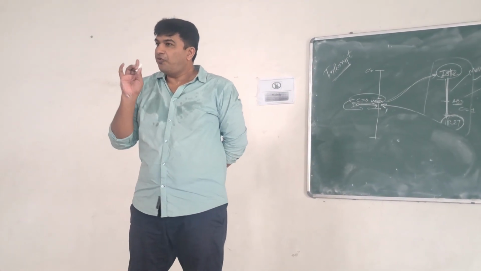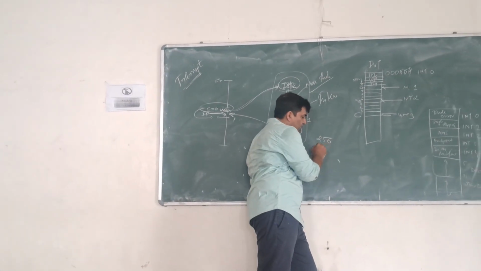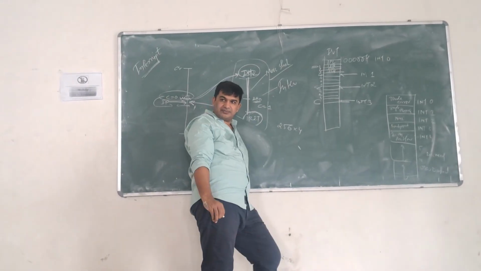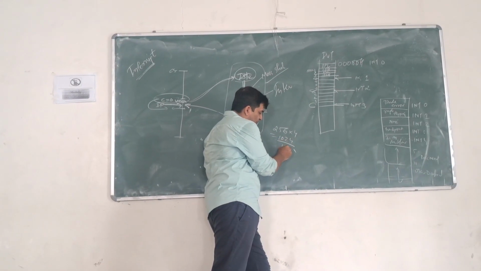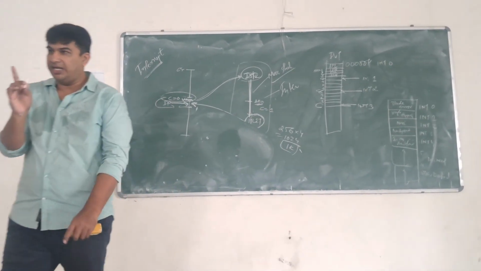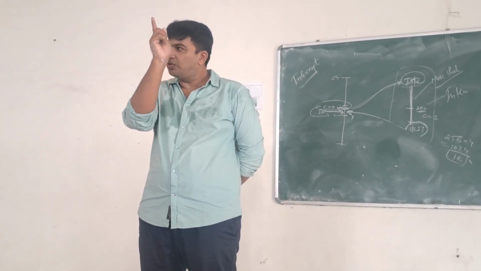For 256 different interrupts, each interrupt has 4 bytes of address, total 1024, 1K. So the size of your IP table is 1K. It starts with location 0000H.